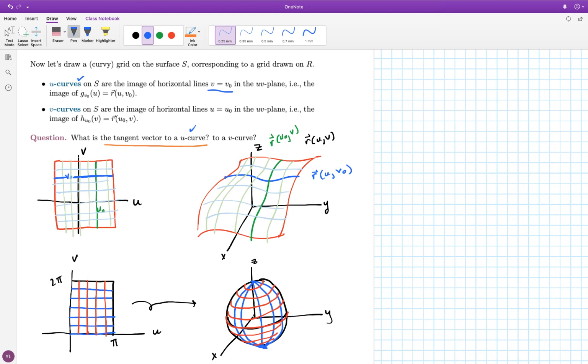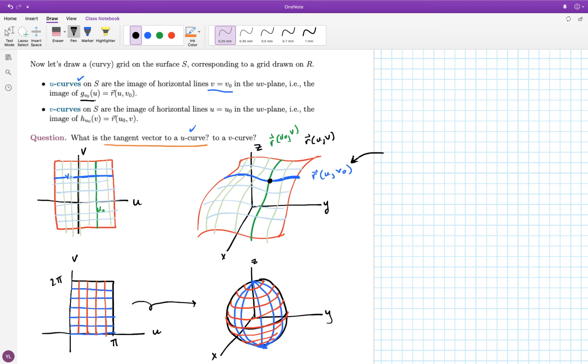If I come over here and fix your favorite point, let's fix a point u naught v naught right here. The question is, what is the tangent vector to this u curve at a given point? If you think about it, this function right here, since I fixed the v value, becomes a one parameter curve.